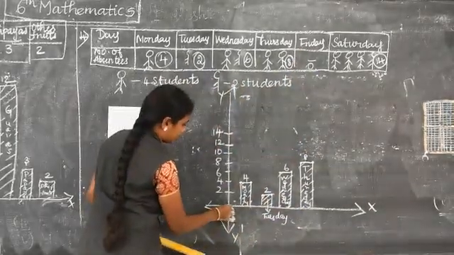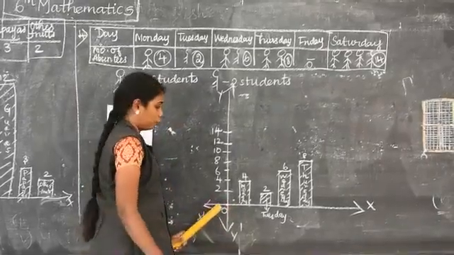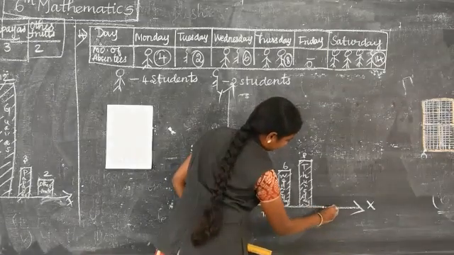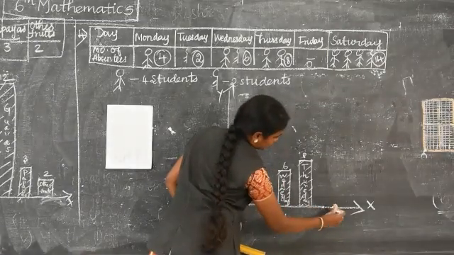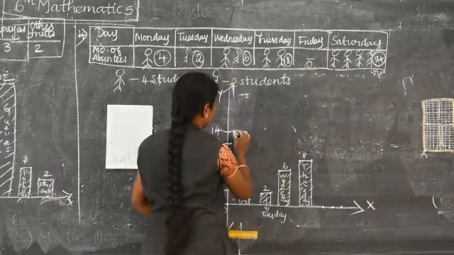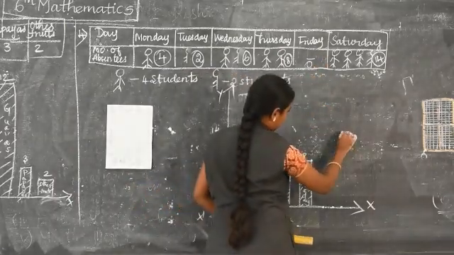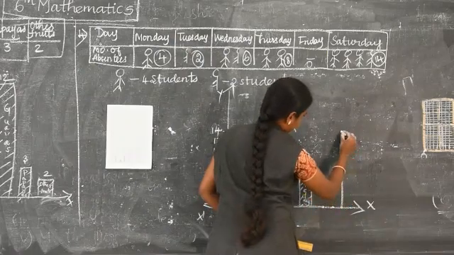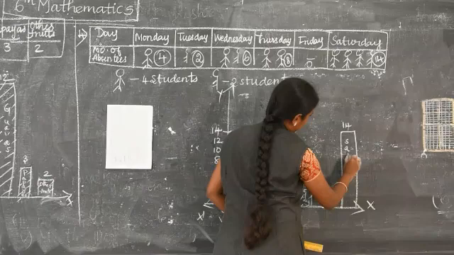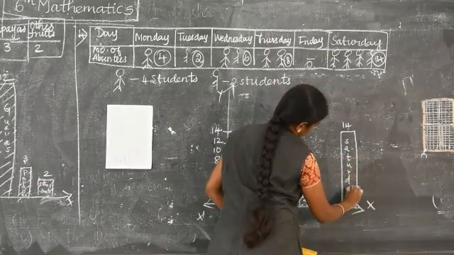This is actually the starting point 0, that's why we gave the name O. So you don't want to draw anything, leave one box. Leave this box. Go for the next one. Saturday, Saturday is 14. Write 14. Saturday.